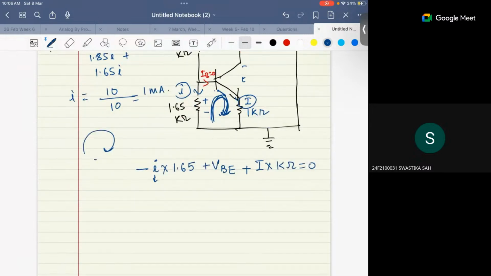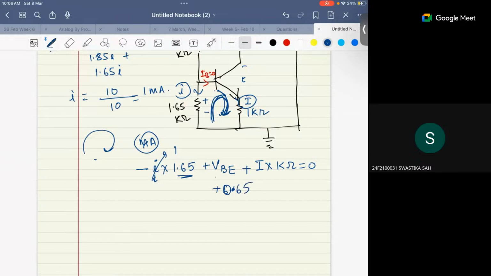1 milliampere. Okay, so 1 milliampere. I already told you, whenever you have milliampere, you don't take care of this milli, because you are multiplying with kilo ohm, so it will be taken care of. You don't have to worry. So this is 1.65, and VB is plus 0.65.